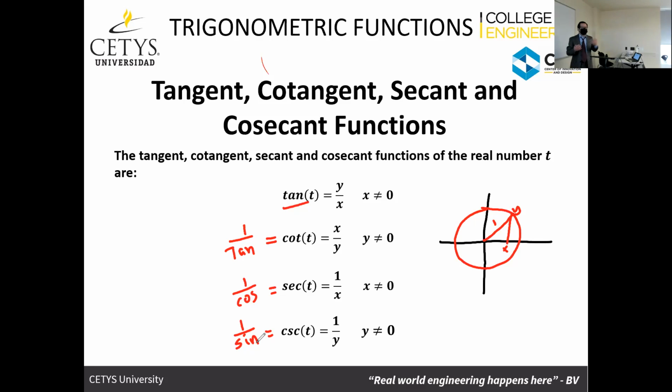These are the 6 functions that we usually work with. The sine and the cosine are the base functions. So I've got sine, cosine, tangent, and cosecant, secant, and cotangent, which are the reciprocals, not inverses, of sine, cosine, and tangent, respectively.